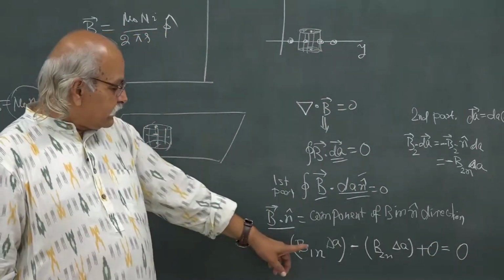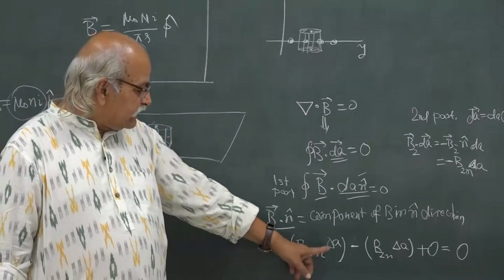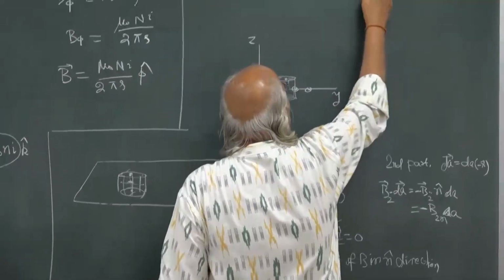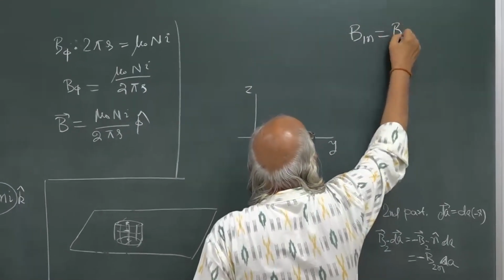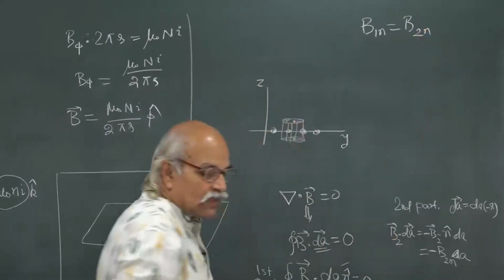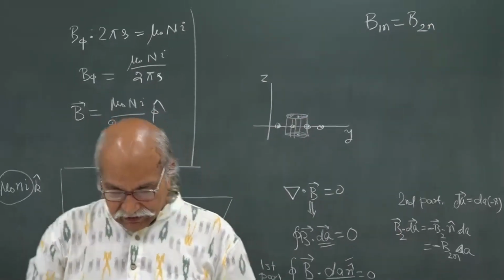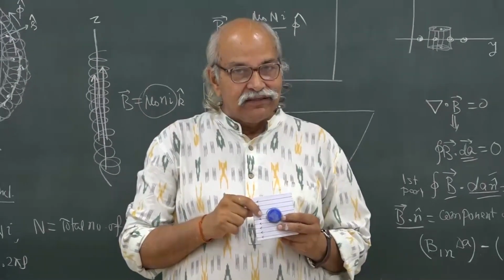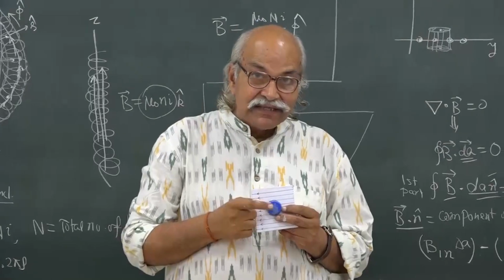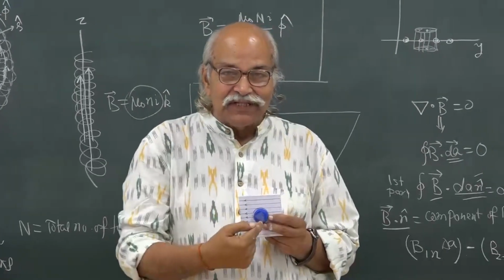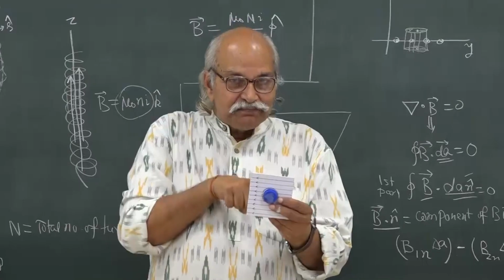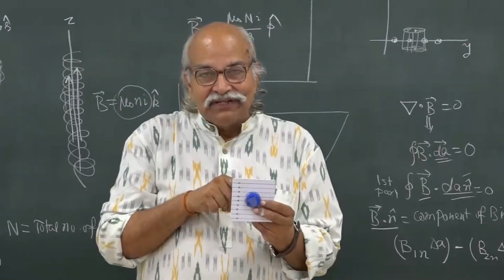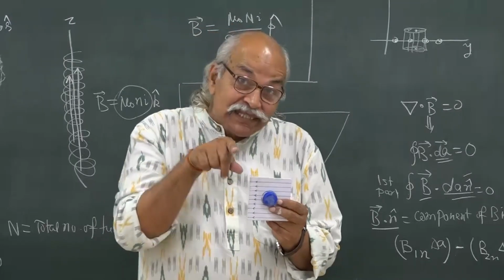So, what does this tell? It tells B 1 n is equal to B 2 n. Independent of the current is there, and then we are asking what is the perpendicular component of the magnetic field here, and the same in the same direction, what is the magnetic field component here, and they are coming to be the same.